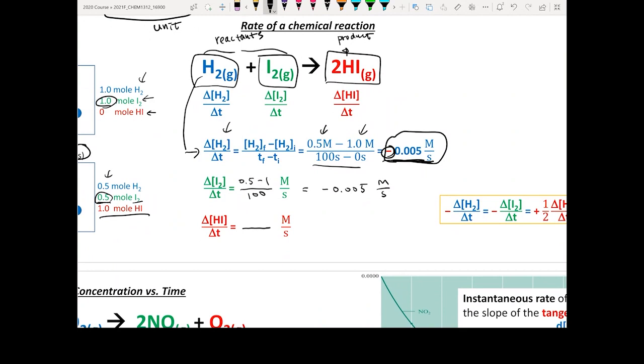What is the final concentration of your HI? 1, right? What is the initial concentration? And the time span? Okay, so what's the number you get? It's positive, first of all, because I'm calculating the formation rate. It's 0.01 concentration per second.